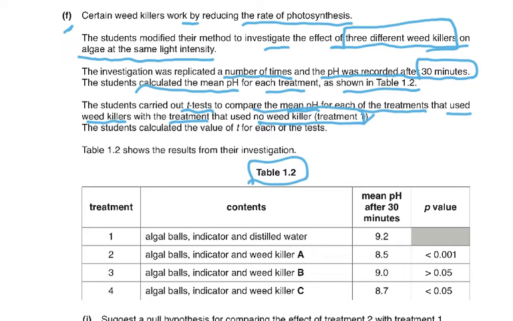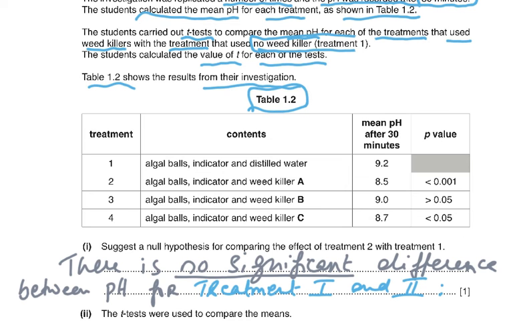So we have treatment 1 in which there were no weed killers. The student calculated the value of T for each of the tests. Table 1.2 shows the results from their investigation. Let's look at table 1.2. We have treatments 1, 2, 3, and 4. Treatment 1 was no weed killer.